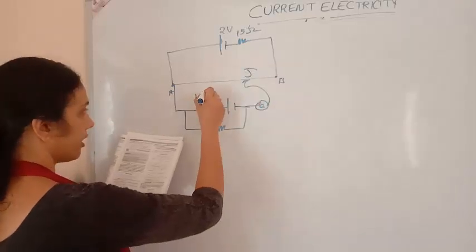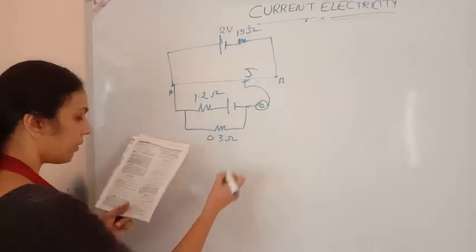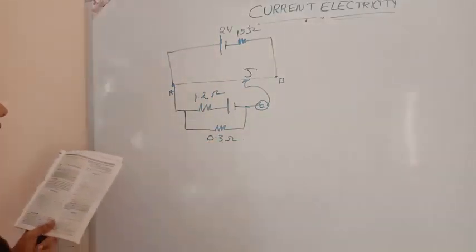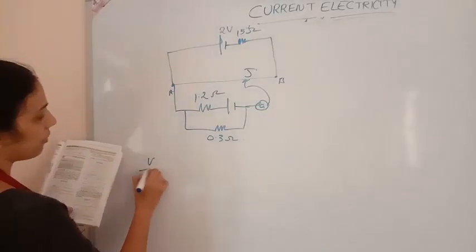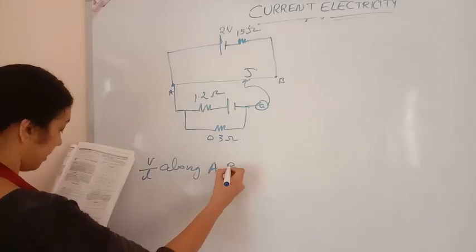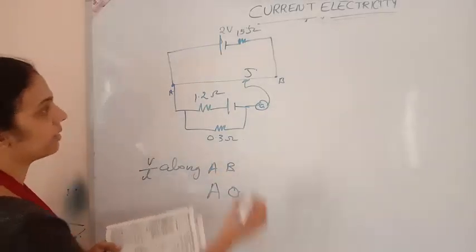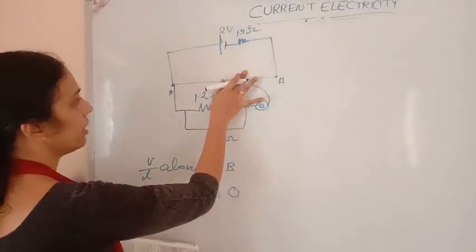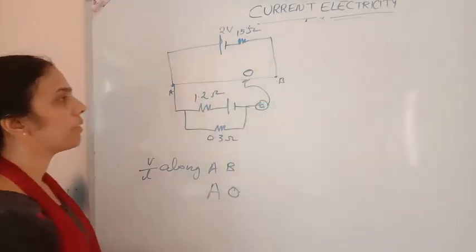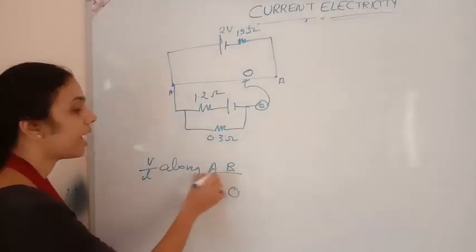This is 1.2 ohm and this is 0.3 ohm. We should find out the potential gradient along AB, V by L along AB and AO. For that O, this is O. This is not J, this one is given as O.